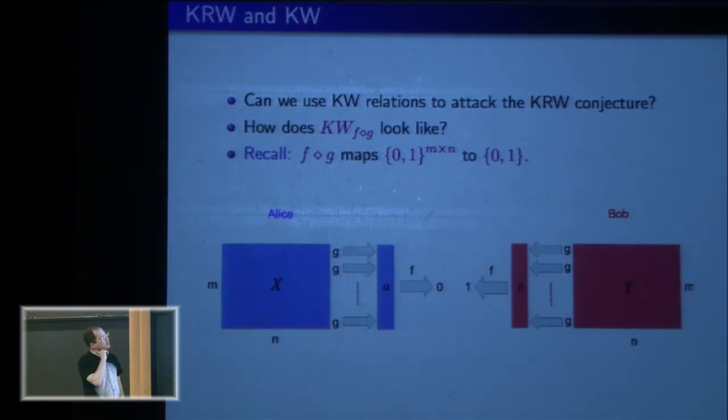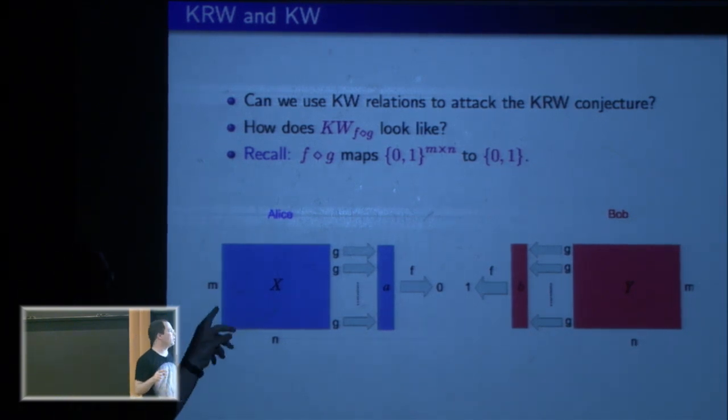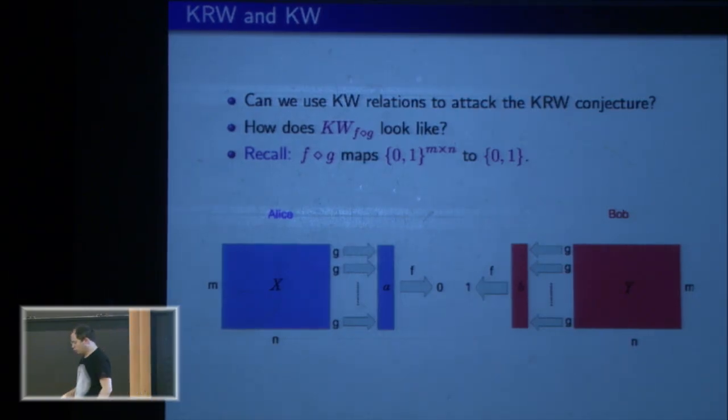But given this way to look at it, there is an obvious protocol for how Alice and Bob can solve the communication game. Recall, what Alice and Bob want to do is to find a coordinate, an entry, on which those two matrices differ. So what they can do is just apply the optimal strategy for f on A and B, and this will give them a coordinate on which A and B differ.